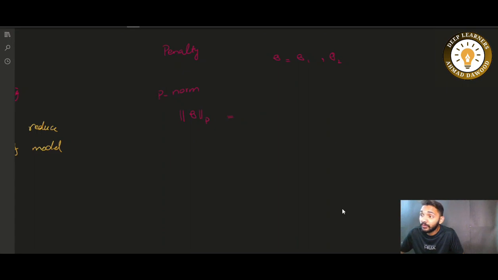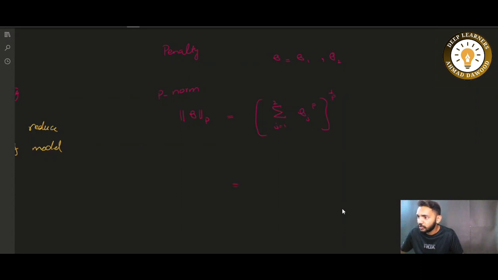In the case of taking the p norm of theta, it will be like this: j goes from 1 to 2. You take the power p of each theta, then add all the thetas with power p, then you take the p-th root of the whole expression.